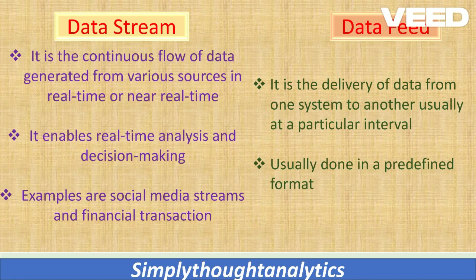For example, if you are looking at Netflix, a whole lot of people are watching movies on Netflix, and at the same time, those millions of people's data is being transferred to Netflix's database. That is possible through what you call a data stream, in which there is a continuous flow of data.